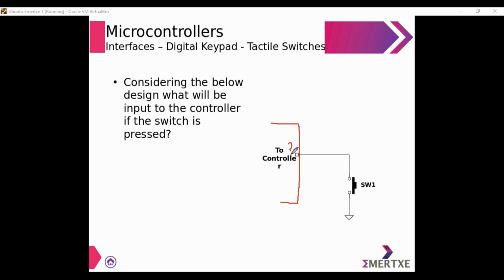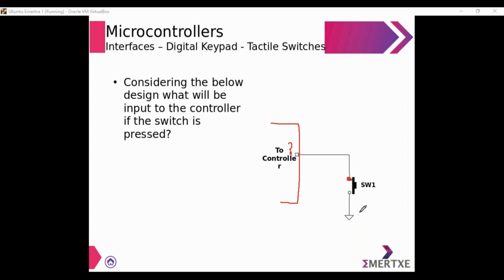Is it a valid one? Yes. So you call it a floating line because the circuit is not complete. This point, with respect to the connection, has not been connected anywhere. So it's an open circuit, and the line is called a floating line.